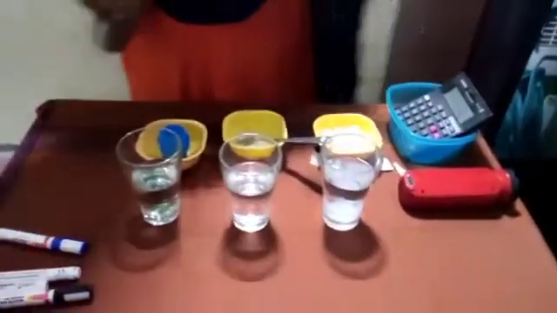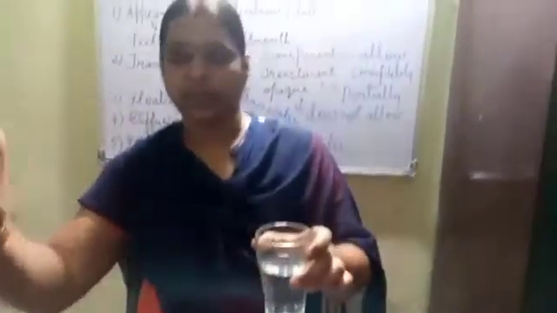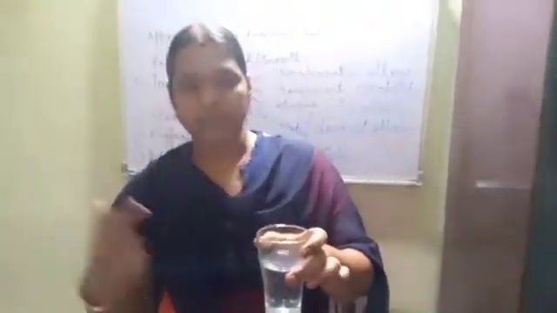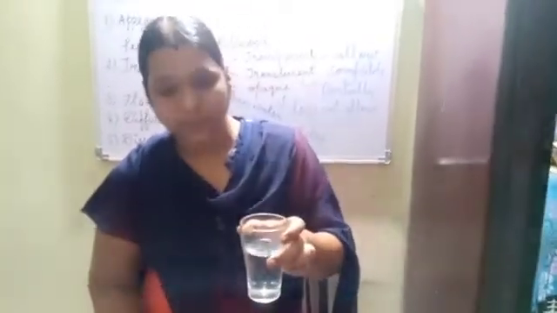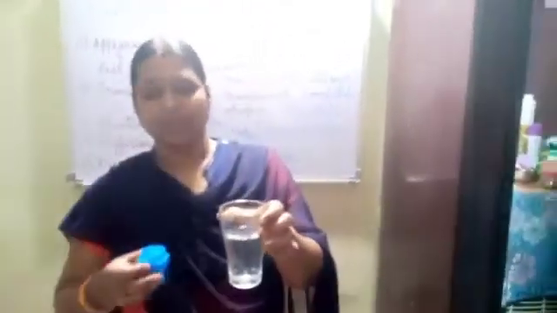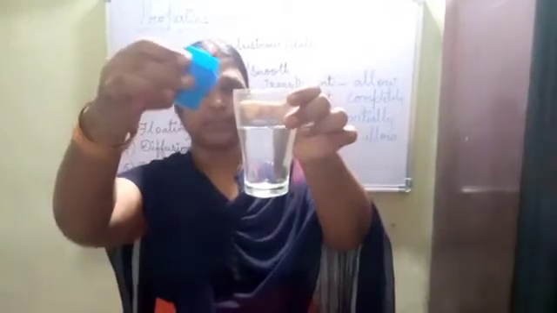When you light the agarbatti, the fumes diffuse very easily. Why? Because the agarbatti fumes mix with the air, as the particles present in the air are very free to move. Now, see, I am showing how diffusion takes place in liquid.